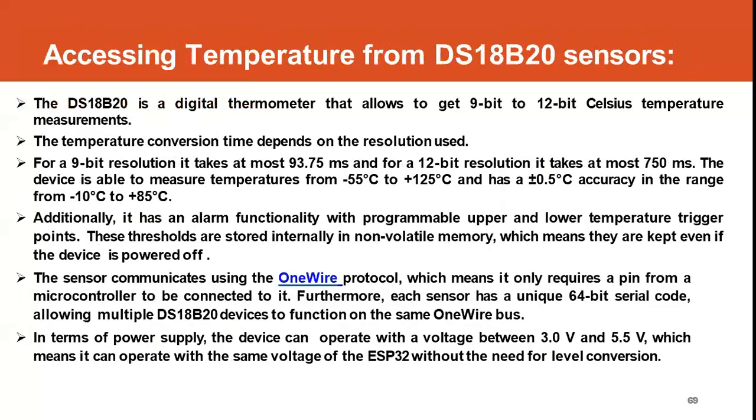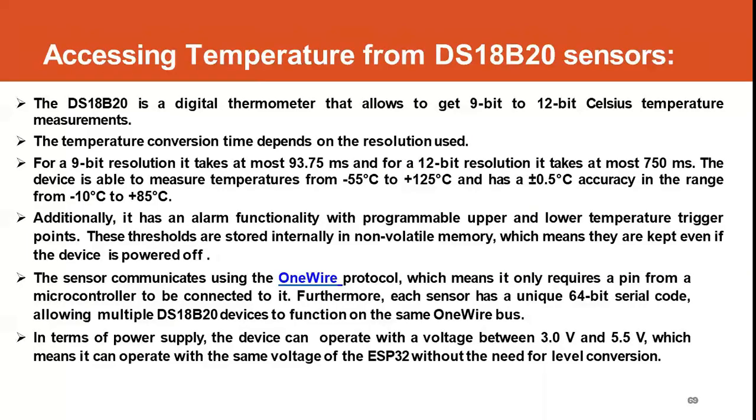So now in order to access the temperature from this particular sensor, the temperature is analog data that has to be converted into digital. So for this particular purpose, all the circuitry that is required to make this conversion is present in DS18B20. So that's why it is a digital thermometer.